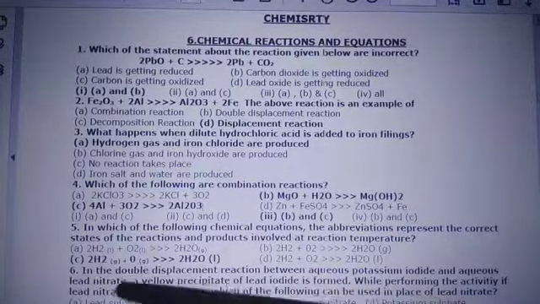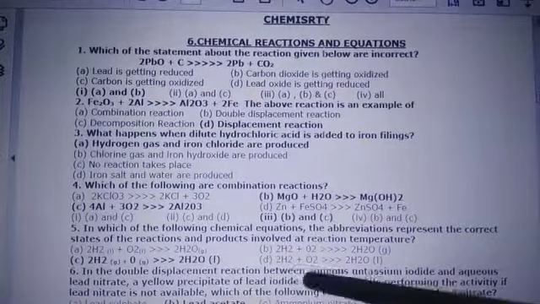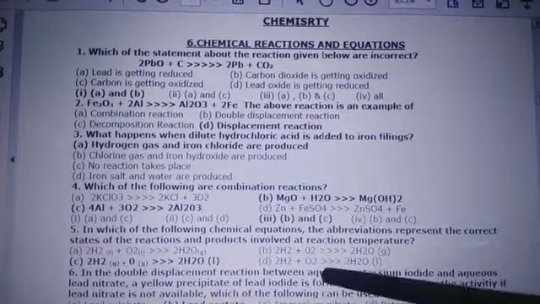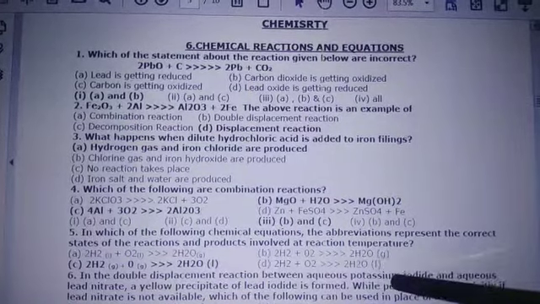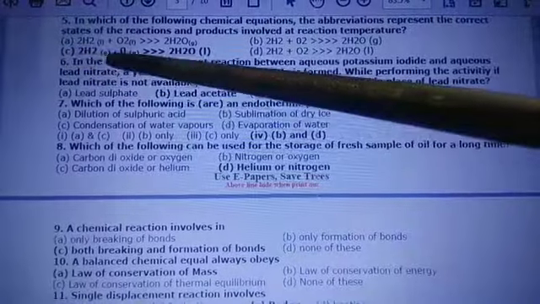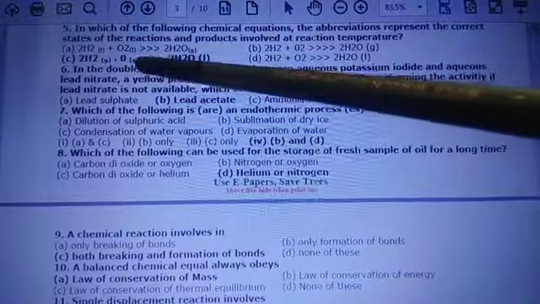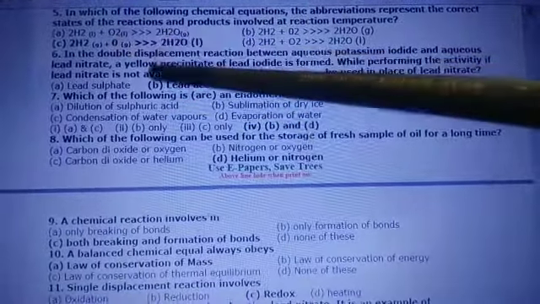C. 2H2 gas plus O gas gives 2H2O liquid. D. 2H2 plus O2 gives 2H2O liquid. The correct answer is C. 2H2 gas plus O2, there is a printing mistake here, it is O2 gas, gives 2H2O liquid.